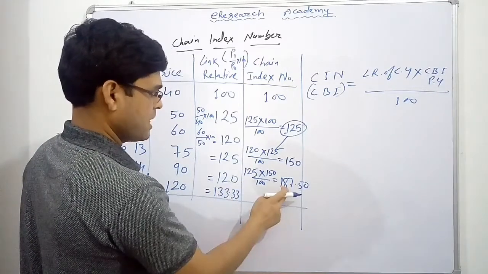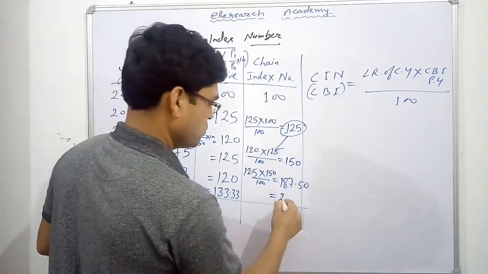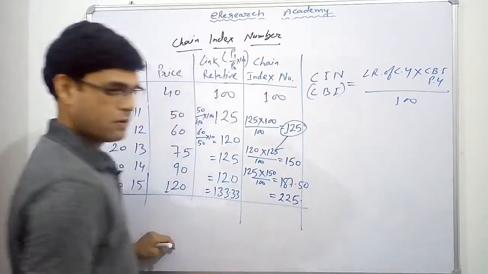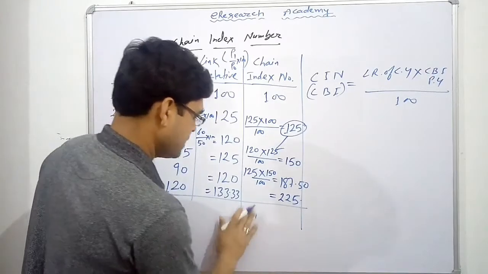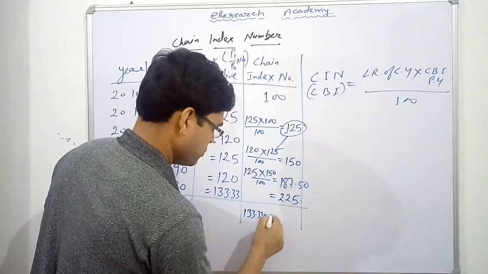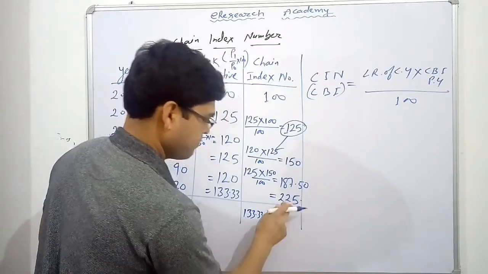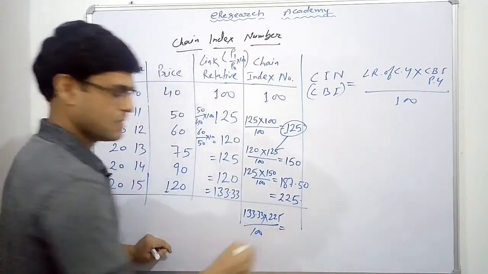This will shift ahead: 120 into 187.5 by 100 will be 225. Last will be 133.33 into 225, the previous year's chain index, upon 100, and this will give us 300.